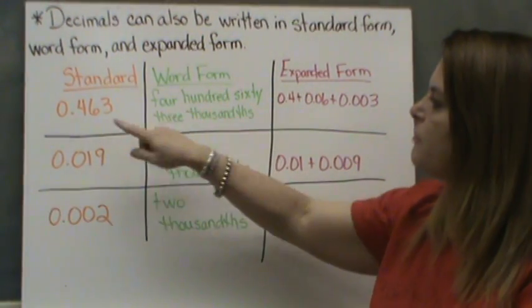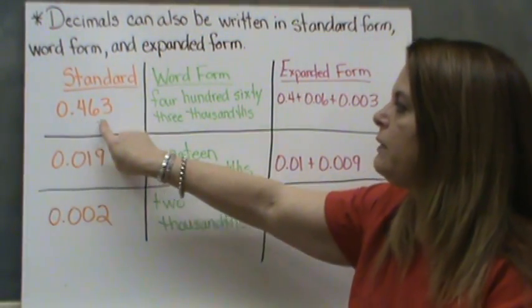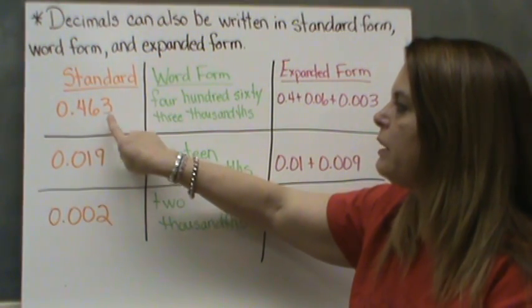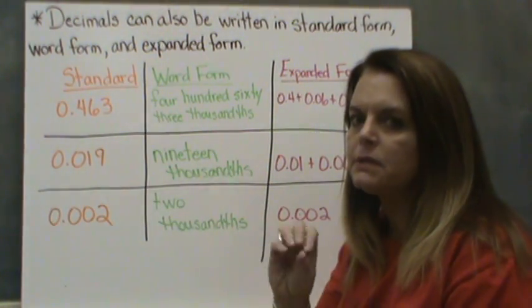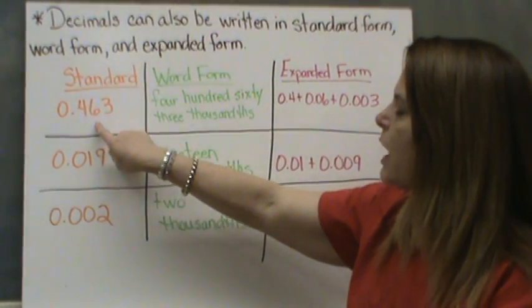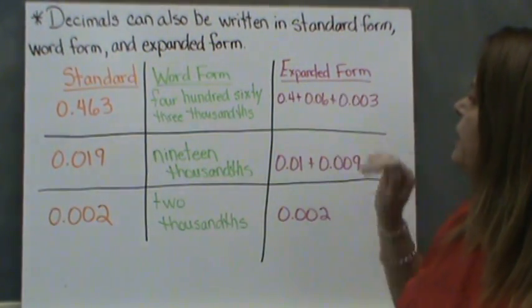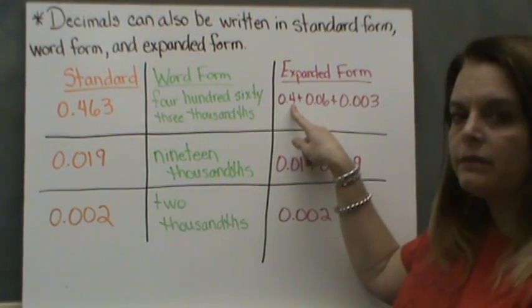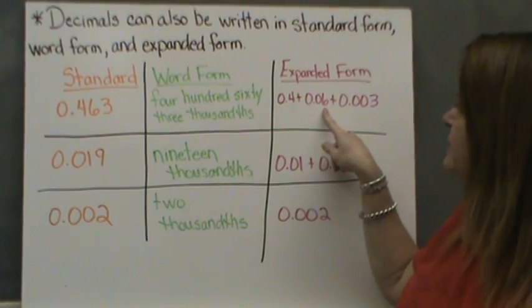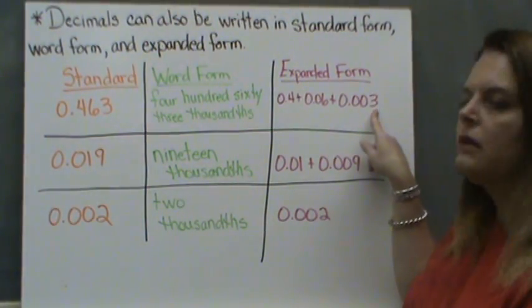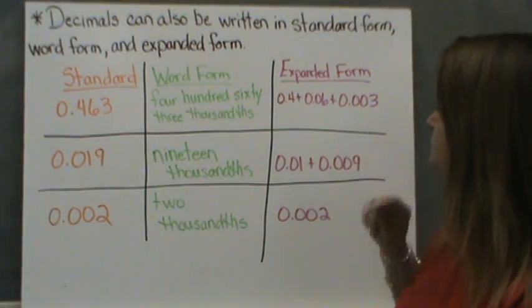My word form for this one, I'm going to read the numbers to the right of the decimal. 463, my last number's in the thousandths place, so it's 463 thousandths. And to write it in expanded form, I'm going to say 4 tenths plus 6 hundredths plus 3 thousandths.